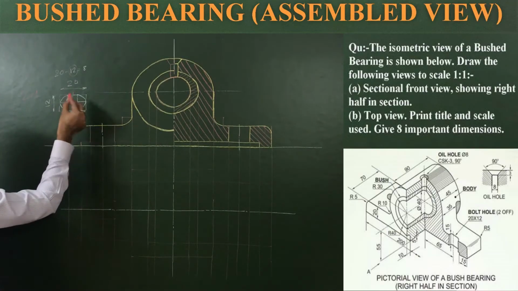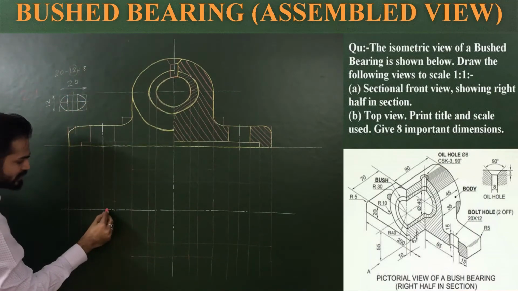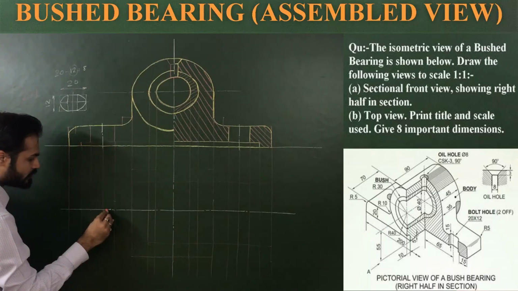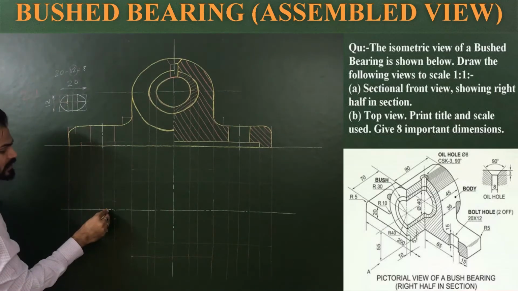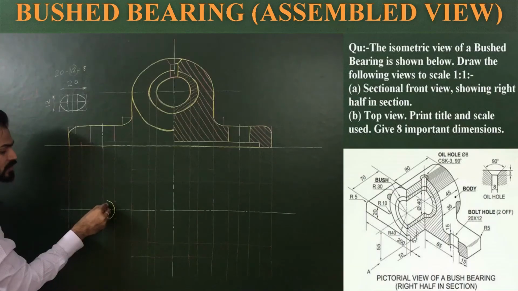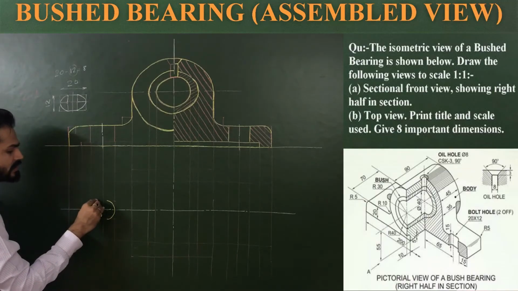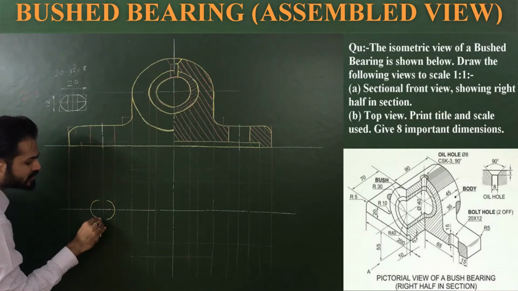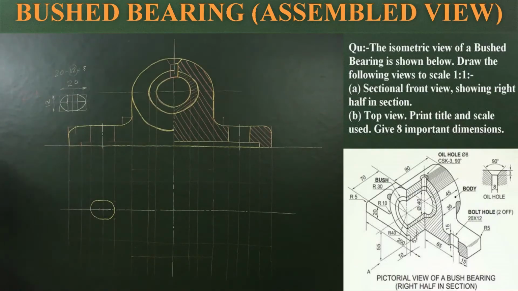This point is the first center for the left part, and this point is the second center for the right part. So along the central line at 4. Now from this center, with 6 as radius, draw a semicircle up to this point, and again from this point as center, with 6 as radius, a semicircle, then the remaining part straight.